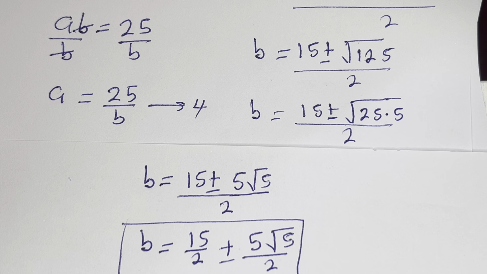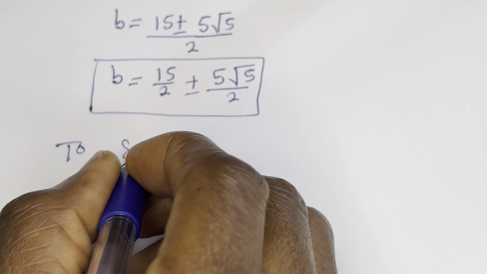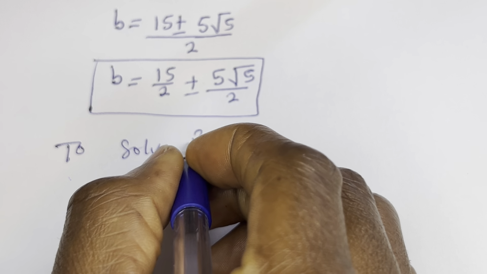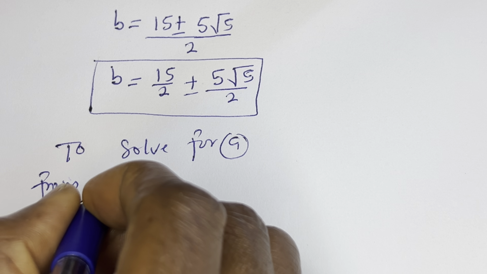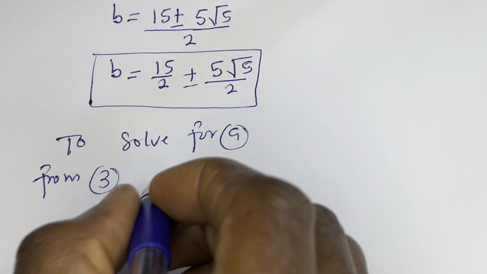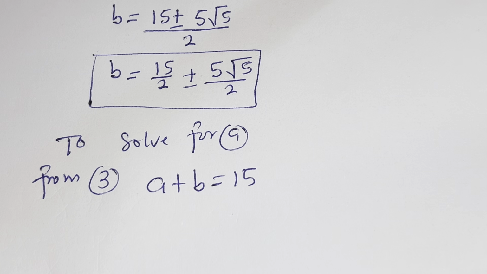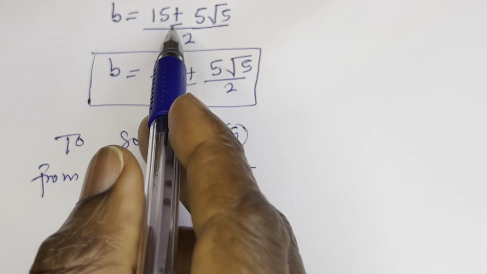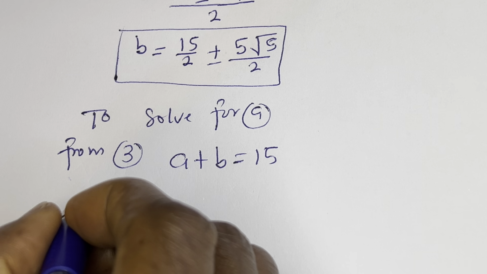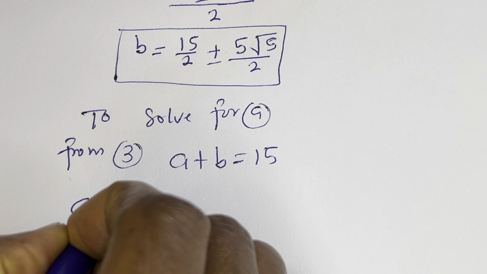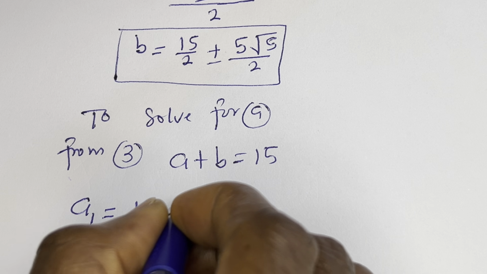Let's solve for a. To solve for a, from equation 3, a plus b is equal to 15. Then when b is equal to 15 plus or minus 5 root 5 over 2, then a1 is equal to 15 minus b1.